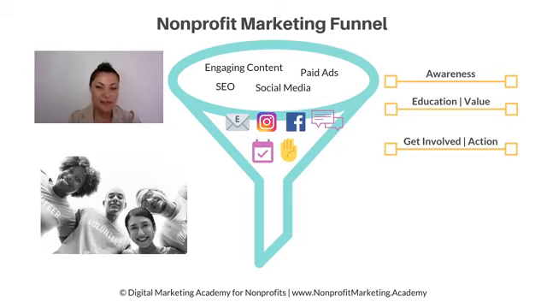So the next stage of our funnel is to get involved or for them to take an action. So again, we're not immediately asking them for things. We're giving them some value, some education, and then we're providing them with an opportunity for the next step. So we like to recommend that you have volunteering opportunities.